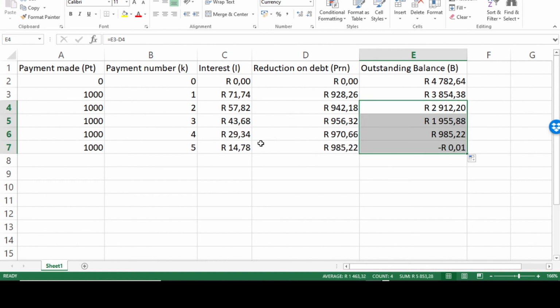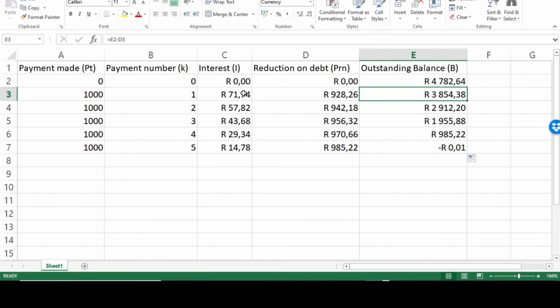Okay, and here you can see, if you look at the interest column, you can see that the interest portion for each payment, remember the payments remain constant at 1,000 rands, but the interest portion will go down. The reason for that is that the outstanding balance reduces.